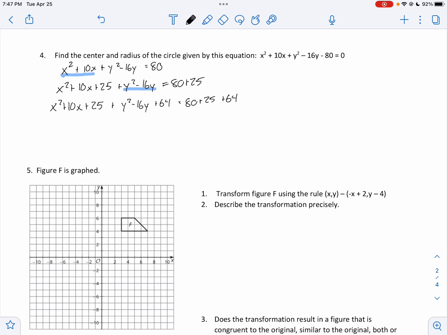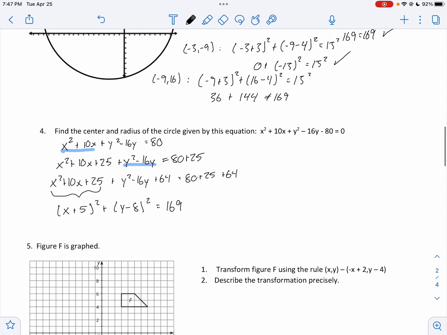And now that we have these perfect square trinomials, this can be written as x plus 5 squared plus y minus 8 squared is equal to 80 plus 25 plus 64, which is equal to 169.